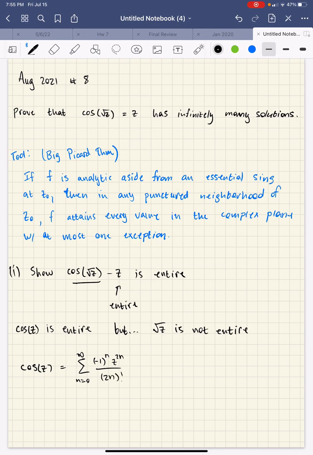So if we replace z by root z in this series, we get a nice Taylor series expression for cosine of root z, the sum n equals 0 to infinity of (-1)^n, and then this z^(2n) just becomes z^n over (2n)!.